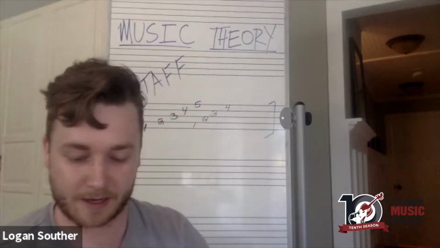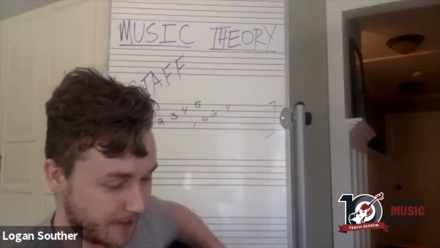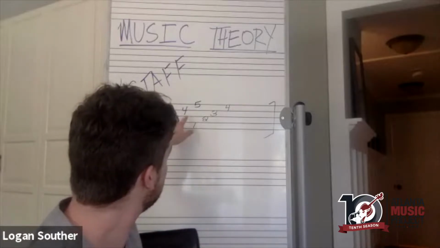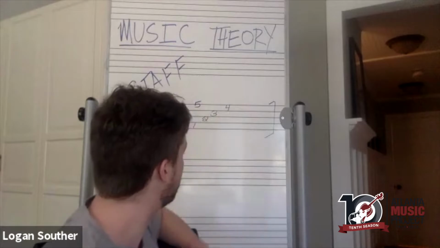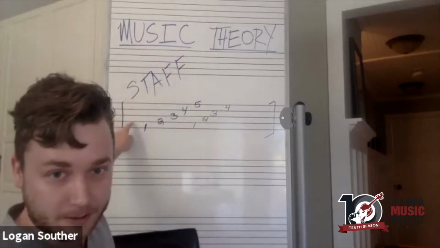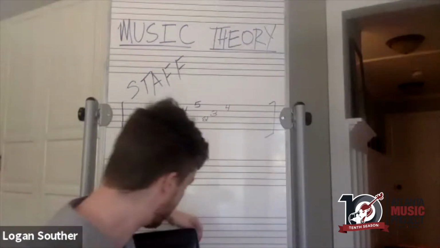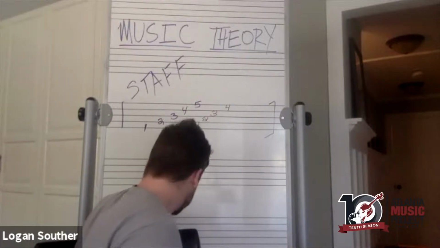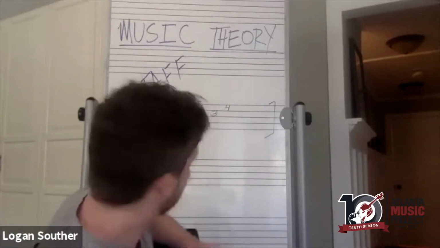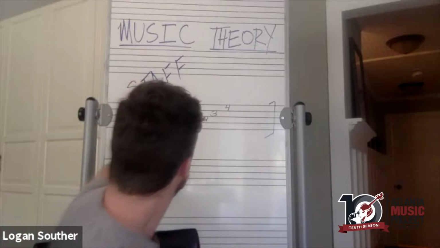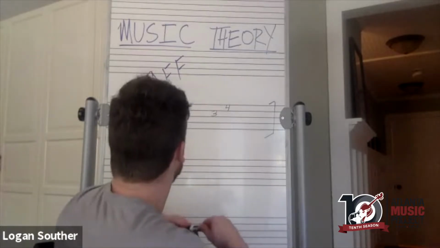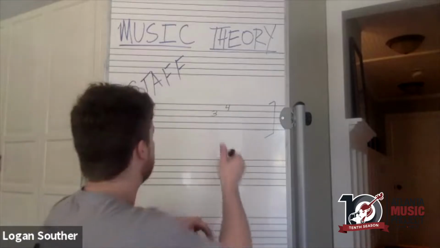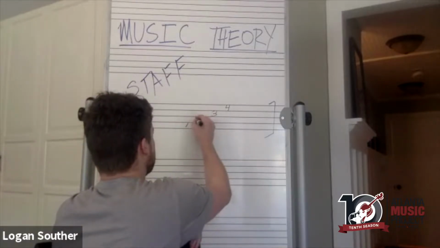Lines and spaces, you've probably heard about that a little bit, but we have to cover it to make sure that we're all on the same page. 5 lines, 4 spaces. And this, as we know, is called the staff. Just so we have the right words to work with, we all have the vocabulary starting out.